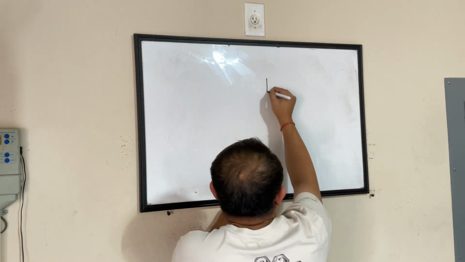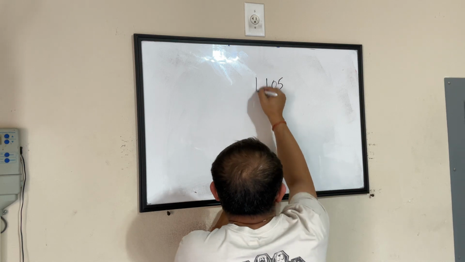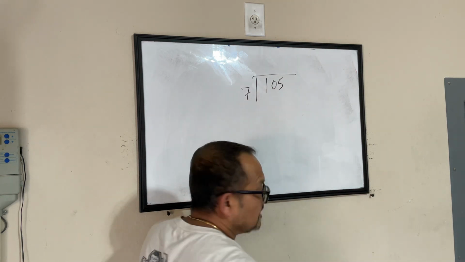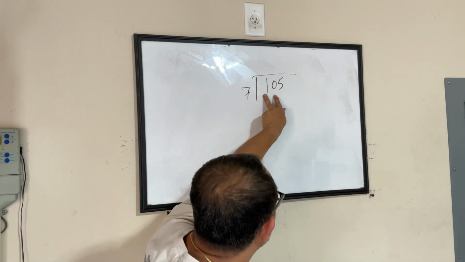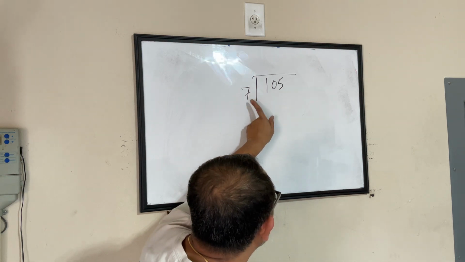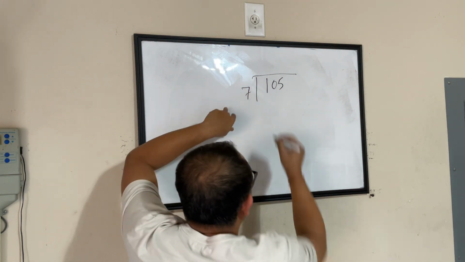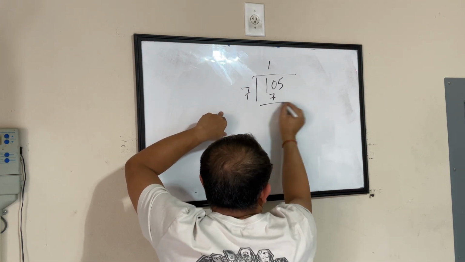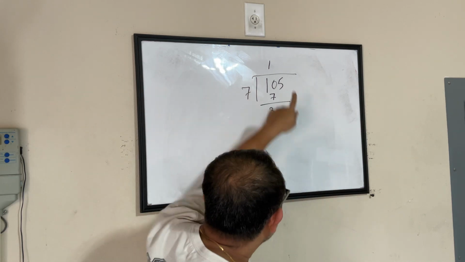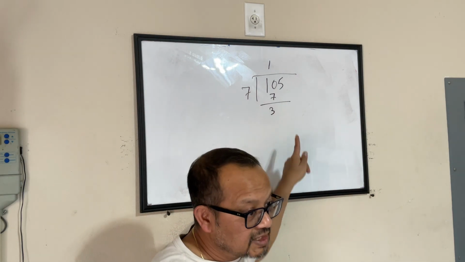You have to come to a point where your remainder is smaller than your divisor and you cannot move forward. Let's say you are dividing 105 by 7. So what do you do? You pick the first two numbers. The first number is smaller than 7, so you pick the first two. 7 ones are 7. And then you have a 3 here. And you are not done yet. So you have to continue till you finish your division.